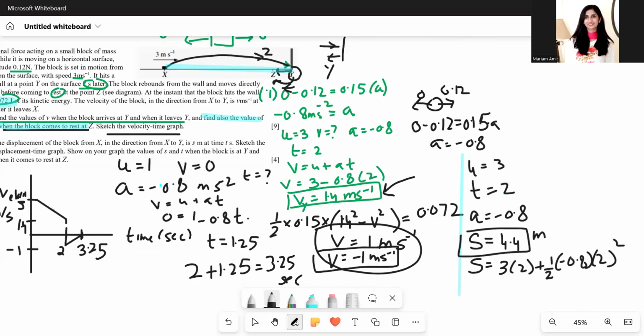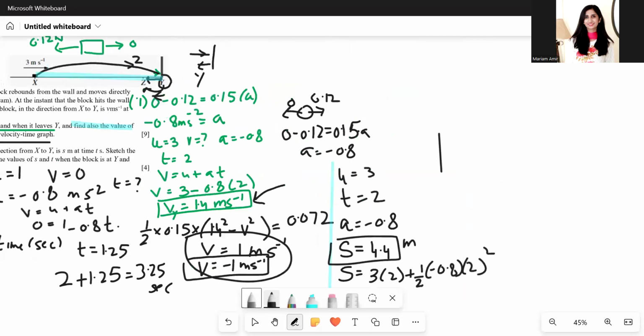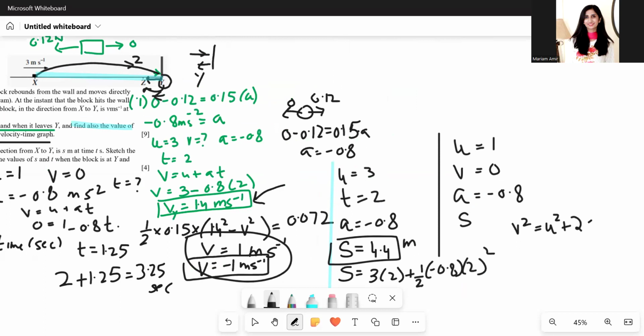Okay. Then let's find the distance from y to z. At y, on the way back, u became 1, remember? And then at z, v is 0, and acceleration still came out to be minus 0.8, and we need s. So let's use v square equals u square plus 2as.